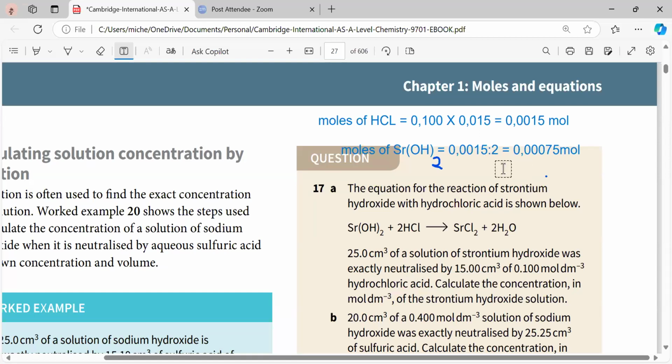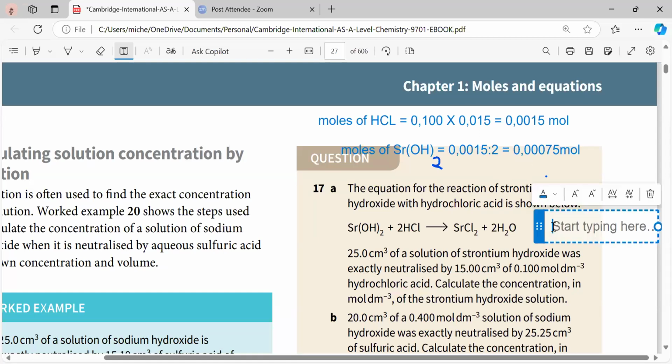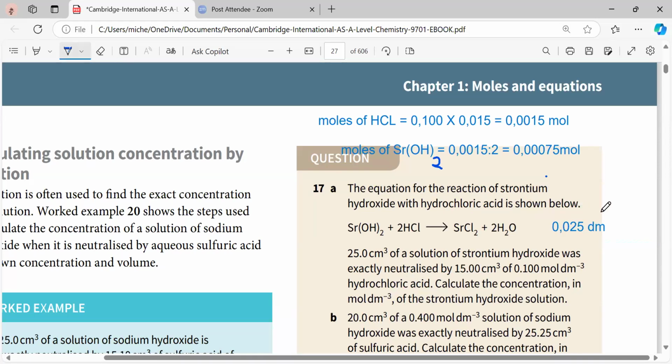And 25 divided by 1,000 is 0.025 decimeter cube. This is in decimeter cube, okay? So this is the volume of strontium hydroxide.